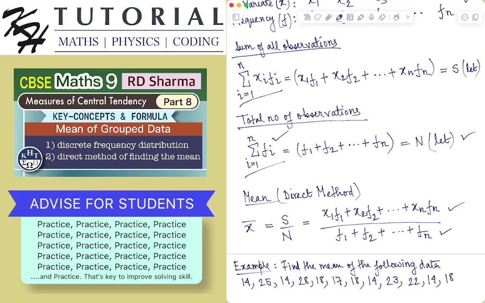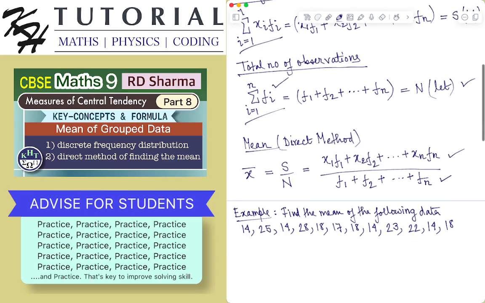Remember, in this summation of xi fi, we are having i equals 1 to n. This does not mean that there are n number of observations. No, this small n means there are n number of unique values. That is all about the concept of finding mean of discrete frequency distribution.